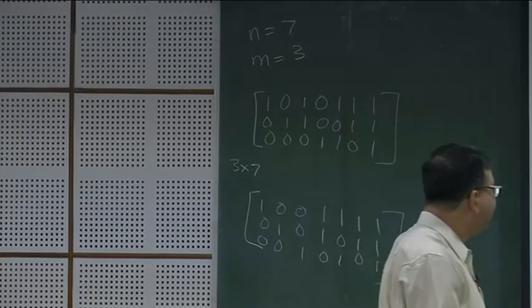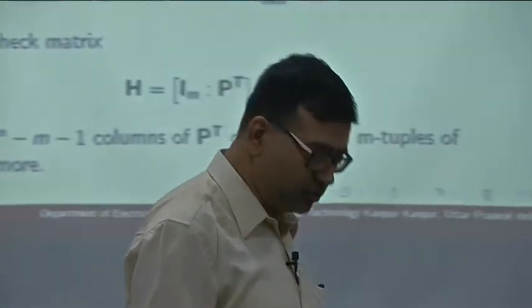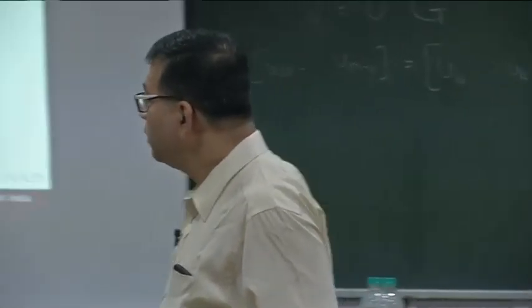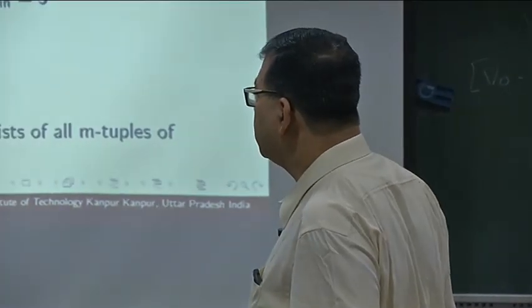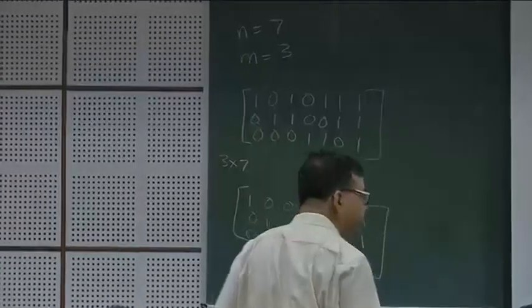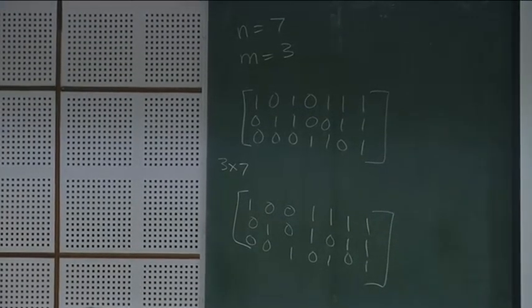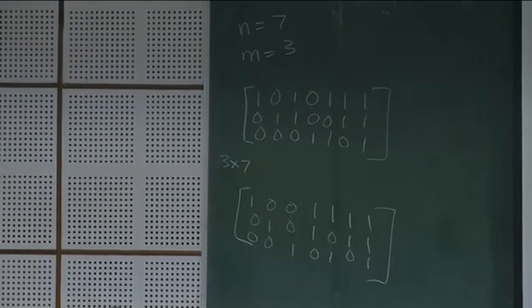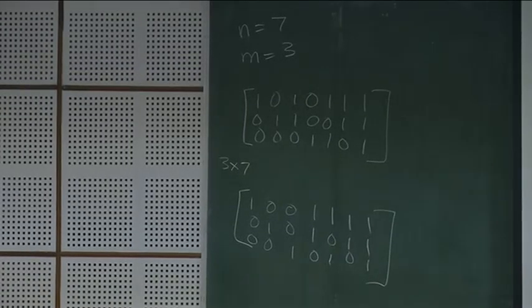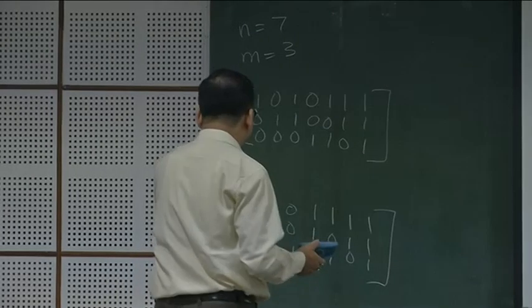Now, this is a parity check matrix for the Hamming code. Okay, sorry, here I just made a mistake. Just a second.